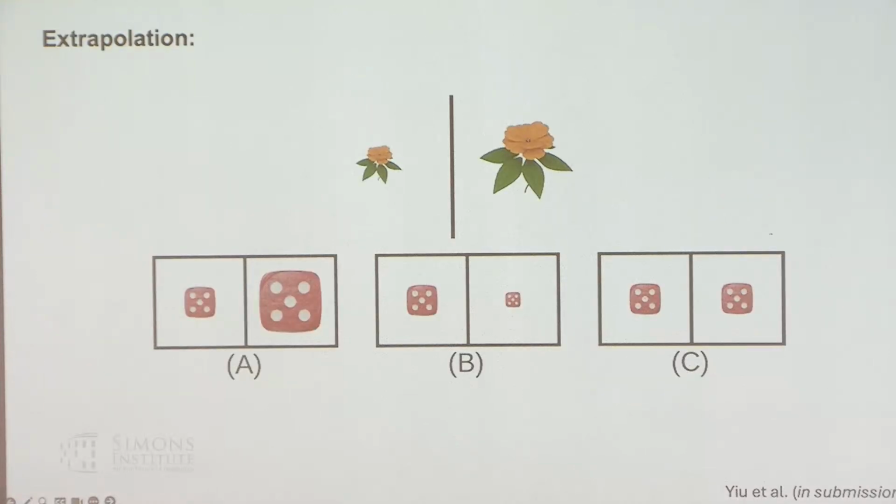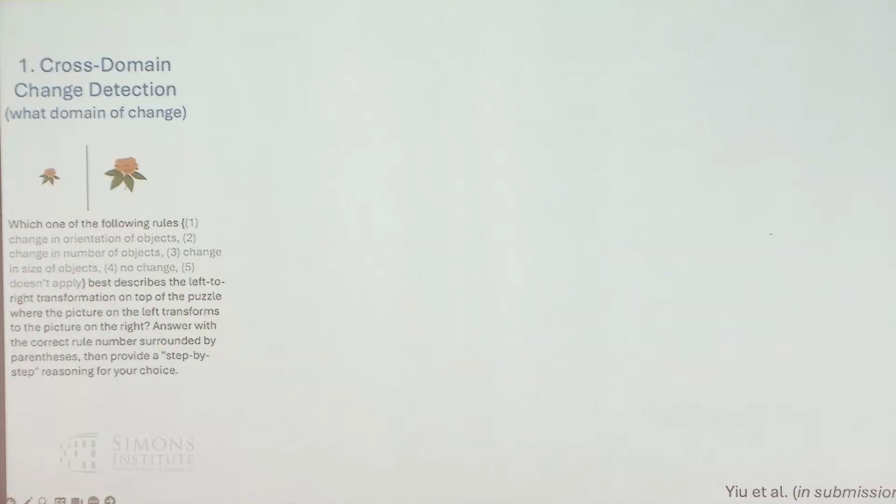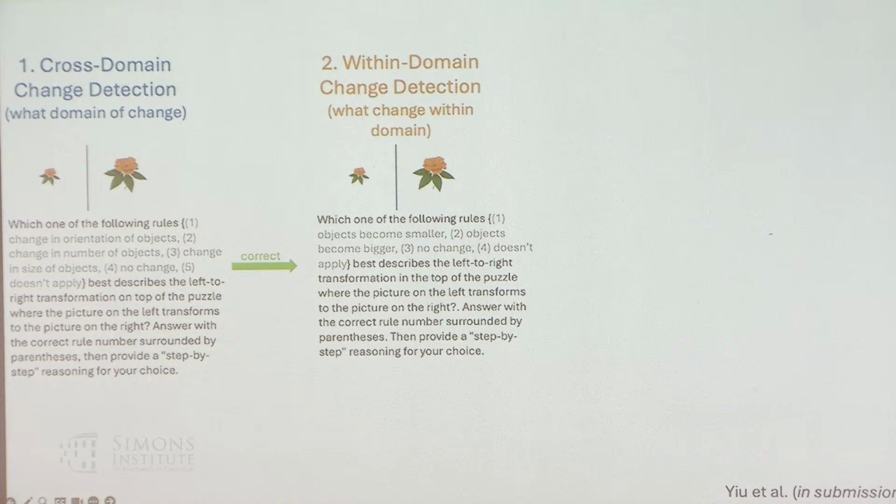Then we have the extrapolation phase, where we have the original image, and we say, here's a new object that goes through the same change. Which one of these options shows the same change as the one we just showed you? Again, it's multiple choice, as you can see. Just to outline the pipeline a little more, the exact wordings we use are a lot of words, and I'm happy to show you more after the presentation.